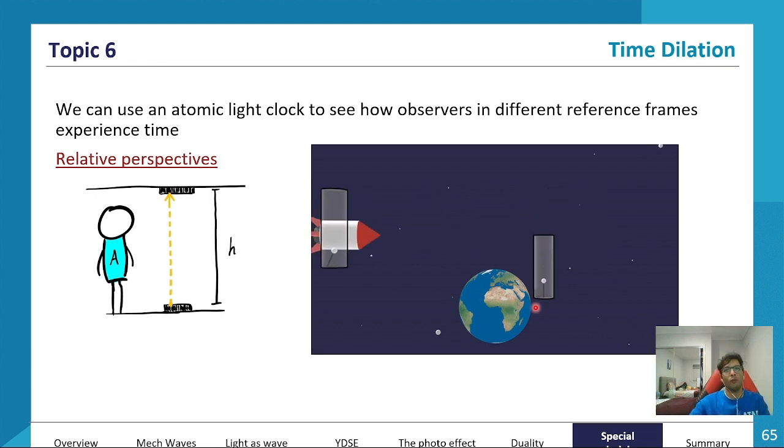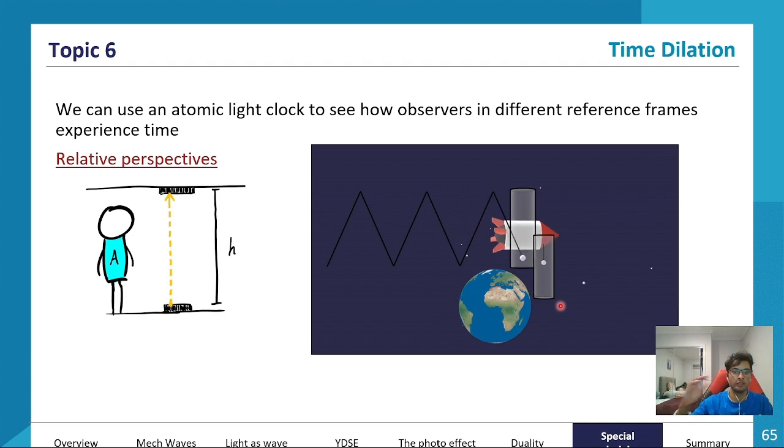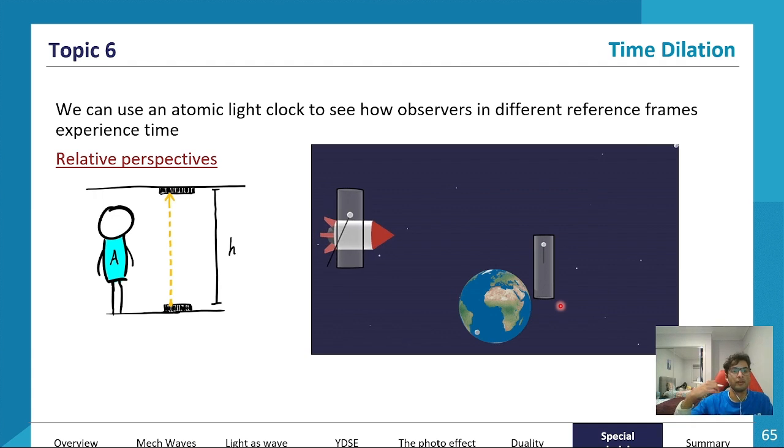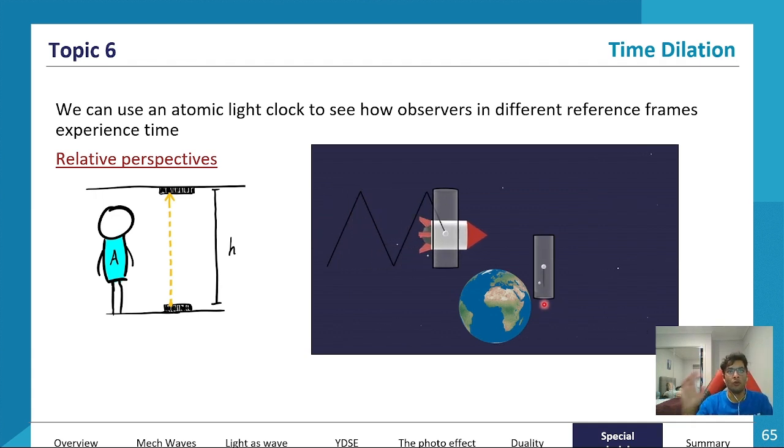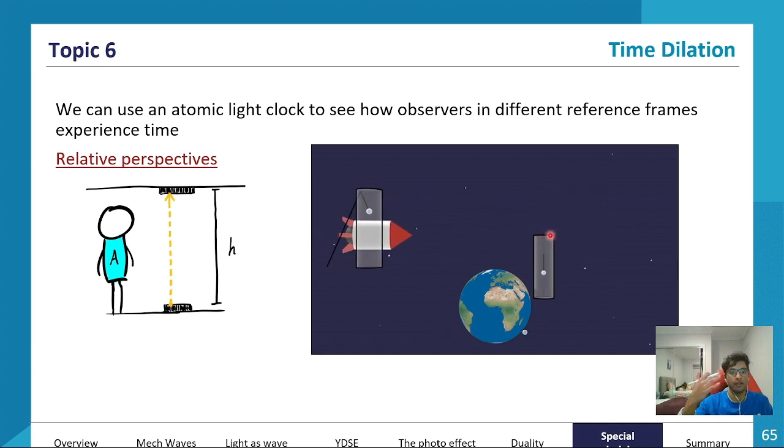So here's the thing. When you're on Earth, the up-down motion of the clock is going to work as expected, right? Because you're next to the clock. It's just going up, down, up, down. But from your perspective, when you're looking at the rocket, this electron is traveling a longer distance, right?